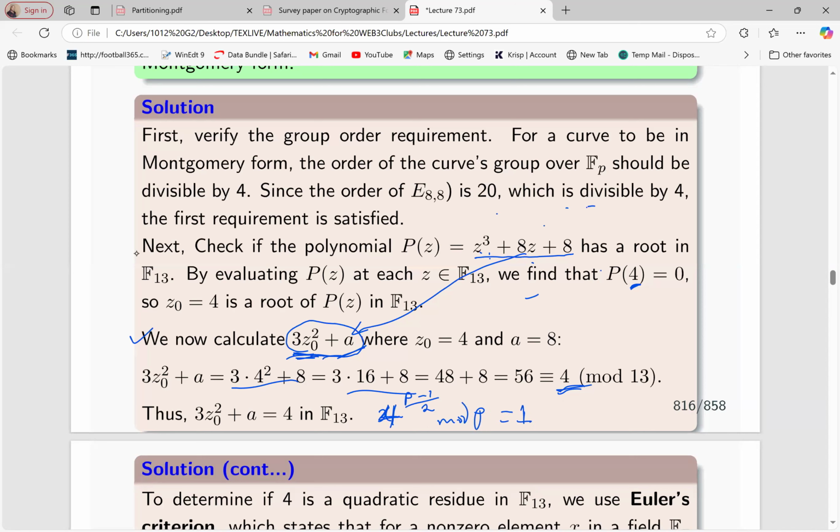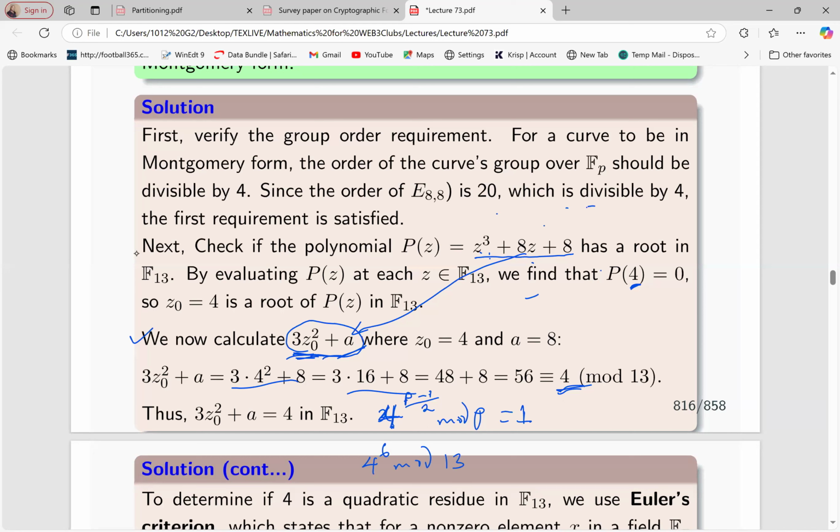If it gives us 1, then this 4 has a square root. But if it gives us negative 1, it means this 4 has no square root. So this is 4, p is 13, so that is 4 to the 6 mod 13.